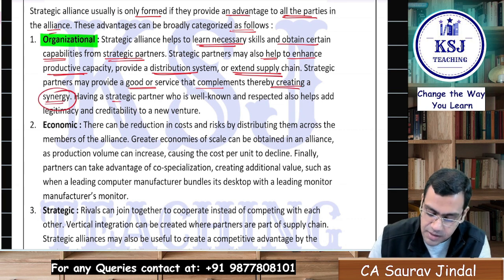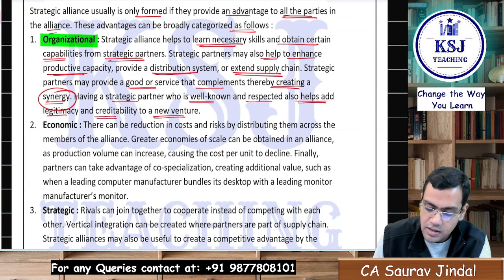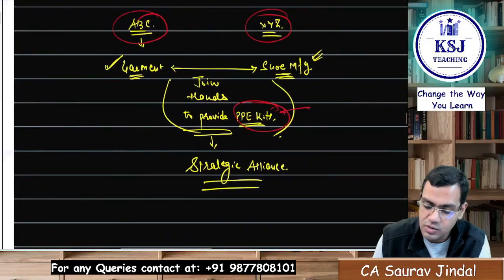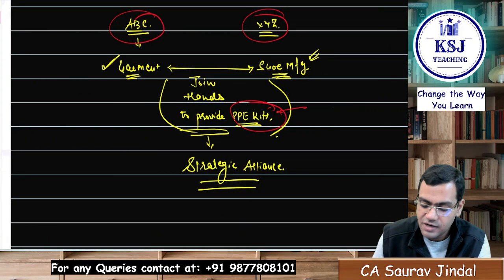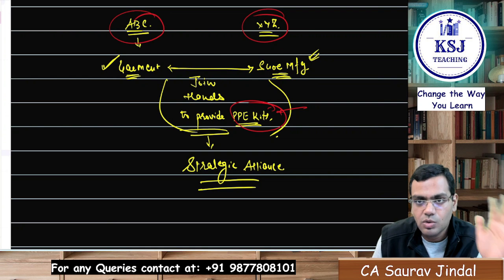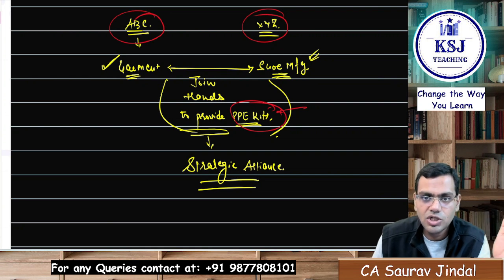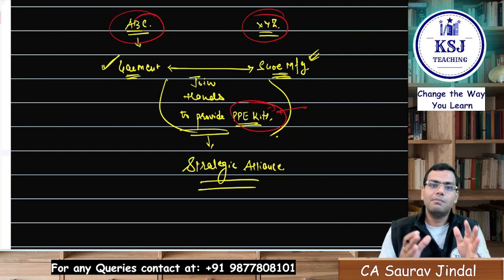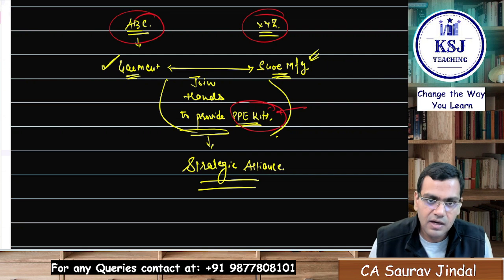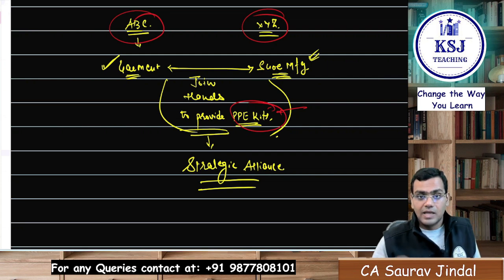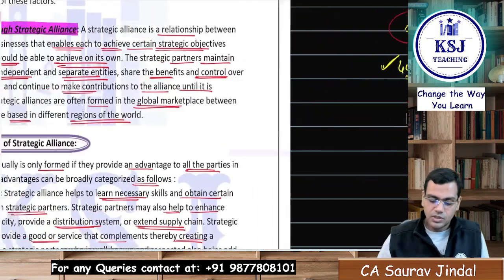Having a strategic partner who is well known and respected also helps add legitimacy and credibility to a new venture. So if both of them have a good standing in the market and they manufacture PPE kits, that will give a good image and reputation in the market: okay, the PPE kits are being made by ABC and XYZ. Both of these companies are the leading companies in their respective markets, so that must be a good PPE kit which they must have prepared.